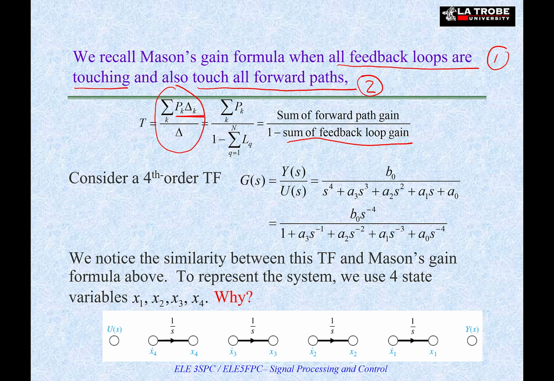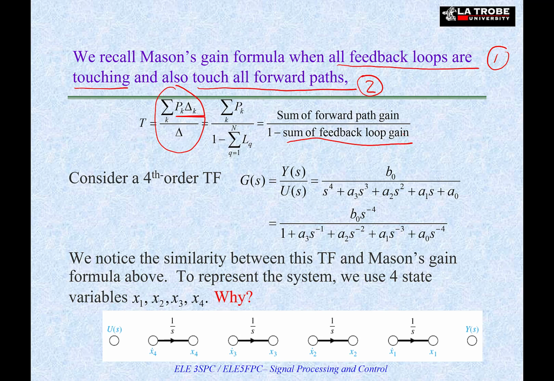Now let's look at how the second assumption simplifies Mason's gain formula. When all the loops touch all the forward paths, delta k becomes 1 for every forward path.